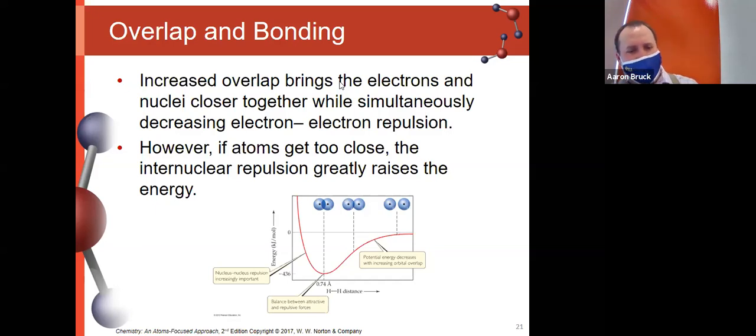So there is a point, and that's what this energy diagram shows, a sweet spot, if you will, where the internuclear distance is the most optimal. And this is largely what we call the bond length of the two.